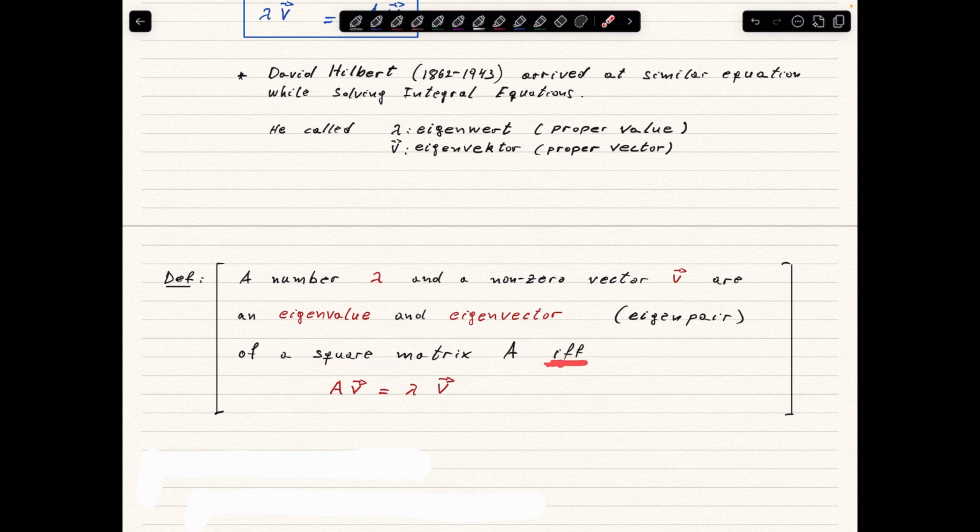If and only if this lambda and v satisfy this equation: the action of the matrix on the vector is proportional to that vector.